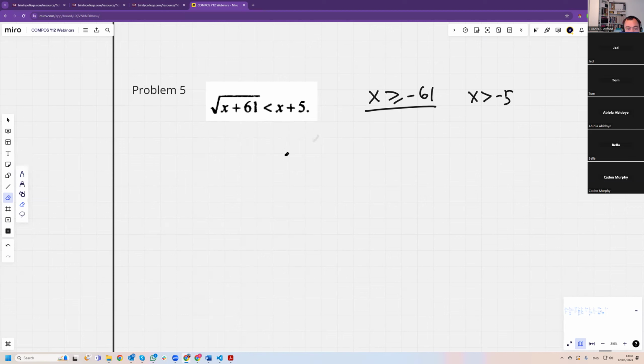Okay. Then the only other thing, because the smallest value that this can be is 0, and this is greater than that. And so it has to be greater than -5, not equal.